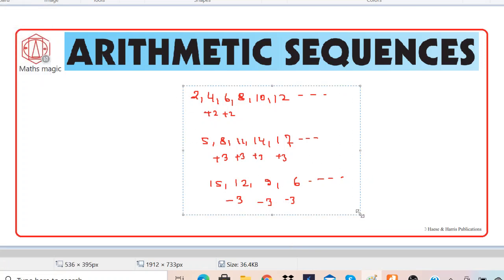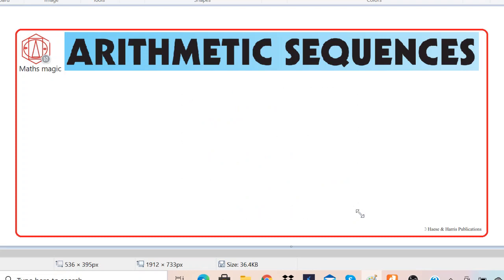We will see some terminologies used for arithmetic sequences. First of all, if you have any sequence, we have an initial term, we call it the first term.